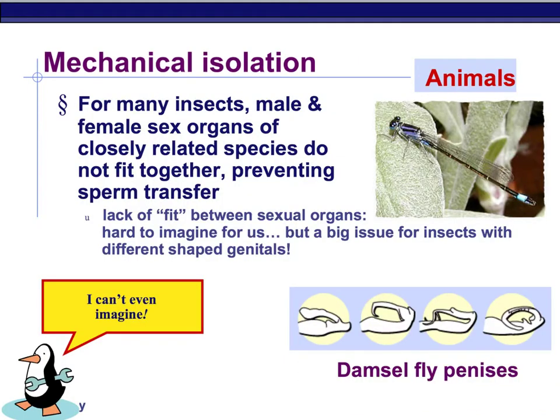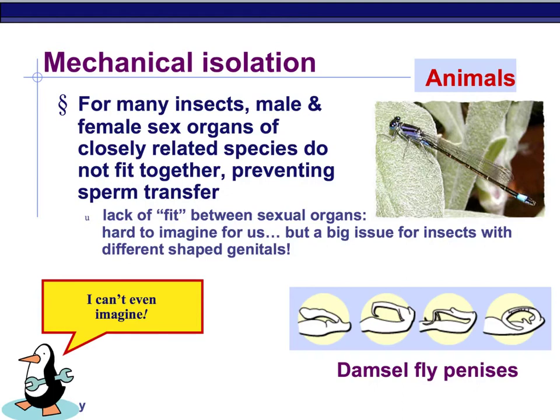Here's an example, and this one's very memorable. For a lot of insects, it boils down to the actual shape and size and all of that of the male and female reproductive parts. If the species are closely related, then their parts just don't fit together. They literally cannot physically fit together, so they can't reproduce.